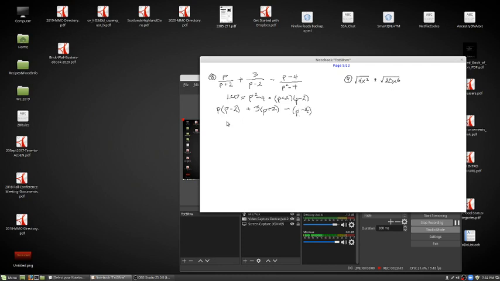So let's do our distribution here, and we'll get p squared minus 2p plus 3p plus 6, and then we bring in that minus sign and we get minus p minus a minus 4 is a plus 4. Okay, there's only one p squared term.